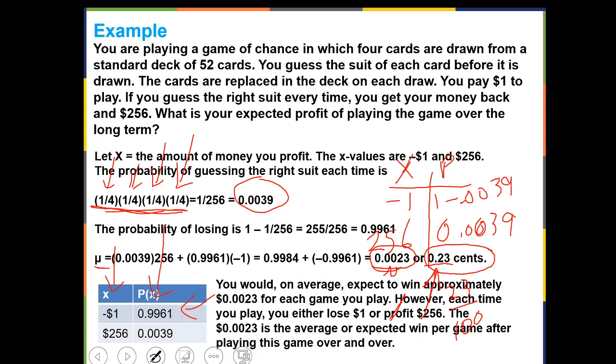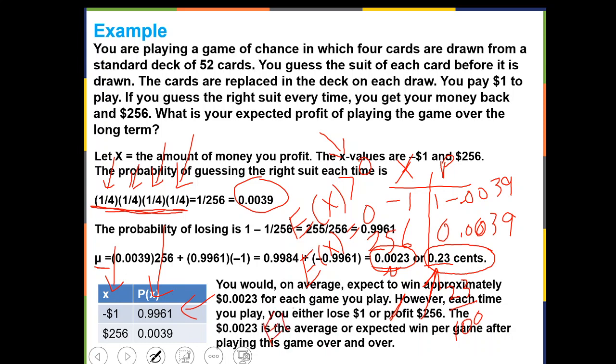So it takes you a long time to actually win anything here, right? So this is a game that is actually in your favor. When the expected value is positive, it means that in the long run you can win whatever that number is per game. If the expected value is 0, it means you neither win nor lose, so it's a fair game.